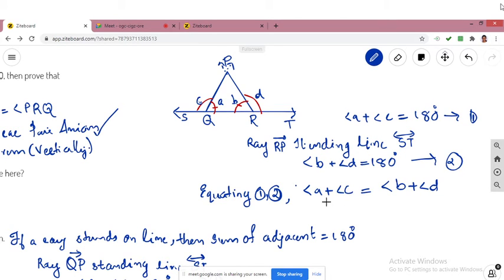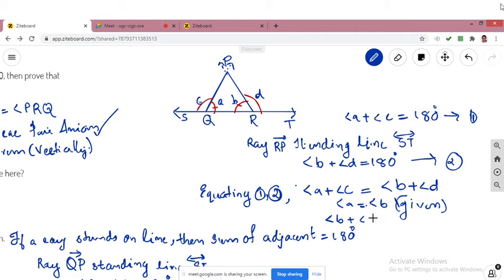So now we were given another condition. Angle A and angle B were given to be equal. So can I write angle B instead of angle A? So angle A is equal to angle B, that is our given condition. Now I am substituting that in this equation, and what will I get?